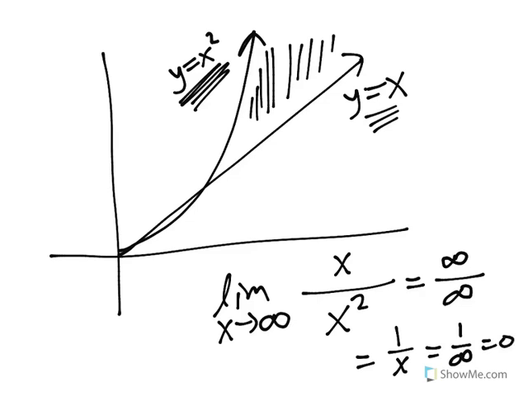But we can find that using L'Hopital's rule as well. L'Hopital's rule says if you get infinity over infinity, which we do, then take the derivative of the top and the derivative of the bottom, and look at that limit. So we take the limit as x goes to infinity of 1, the derivative of the top, over 2x, the derivative of the bottom.